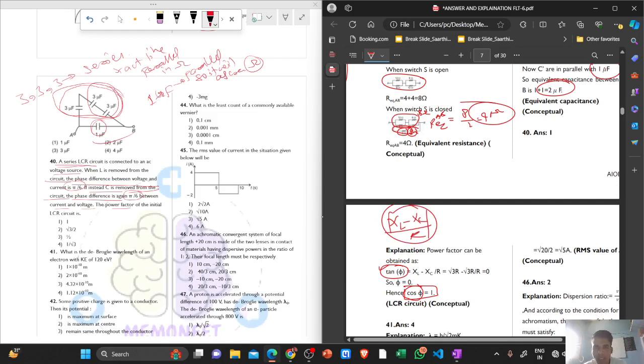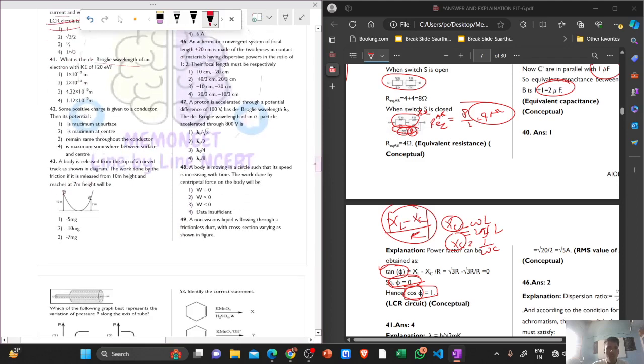XL is equal to omega L, where omega is 2 pi f, and XC is equal to 1 by omega C. You can calculate XL, you can calculate XC, and you can calculate the value of phi. Once you get phi equals 0, cos phi equals 1, meaning power factor equals 1. Option 1 will be the correct answer.